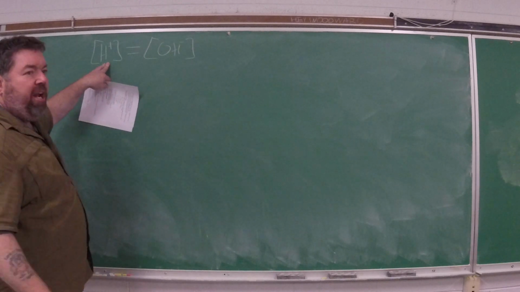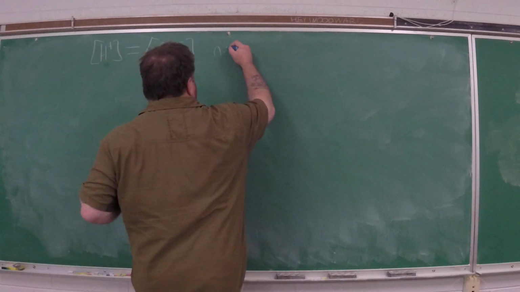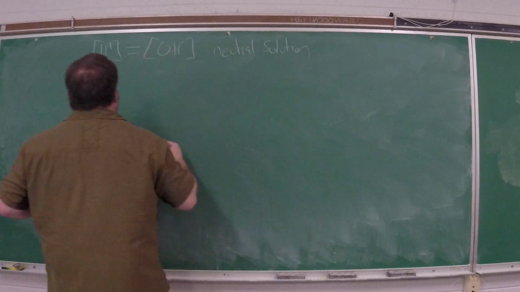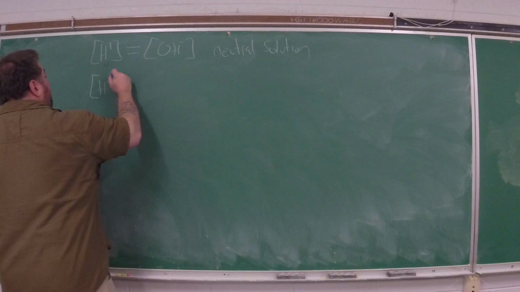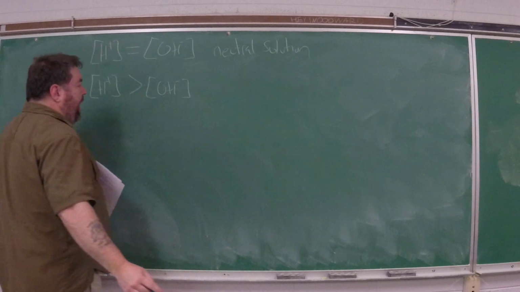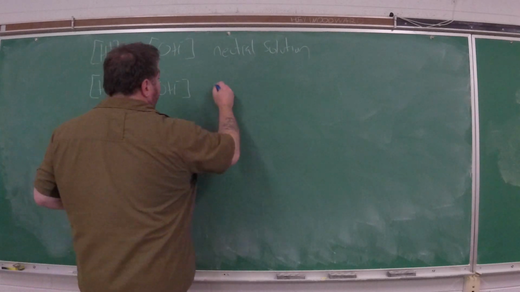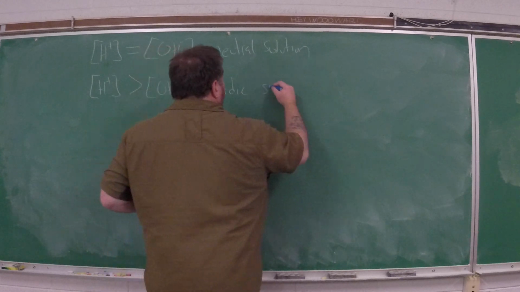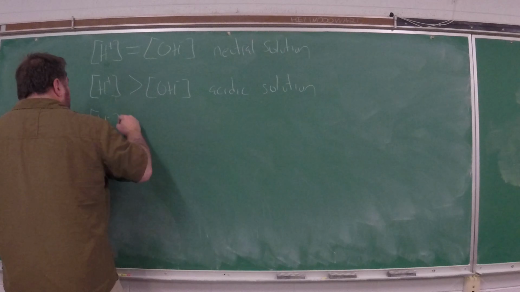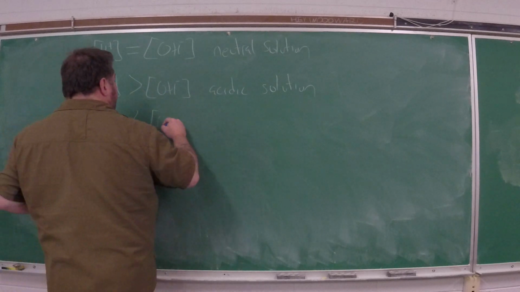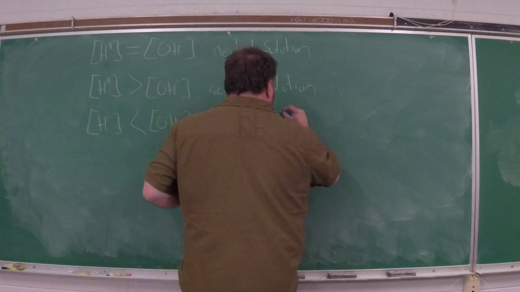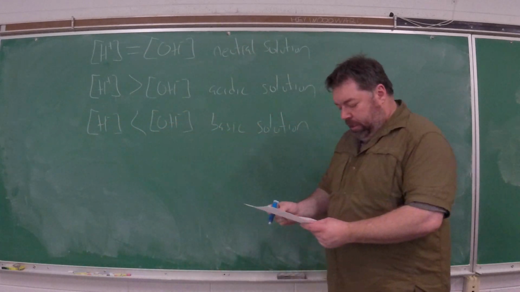When these two are equal to one another, we have a neutral solution. If the concentration of our H plus is greater than our concentration of OH minus, well, guess what? We have an acidic solution. And surprise, surprise, if the concentration of OH minus is greater, we have a basic solution. Okay?